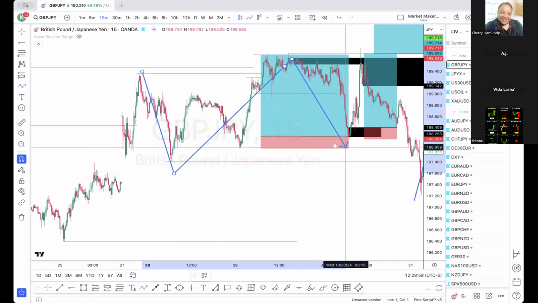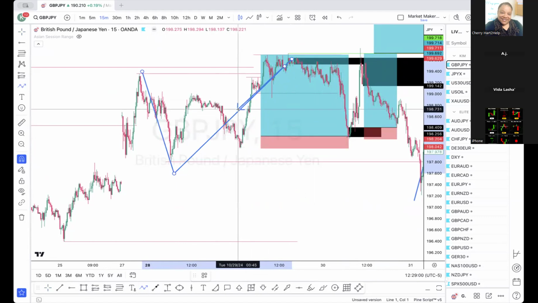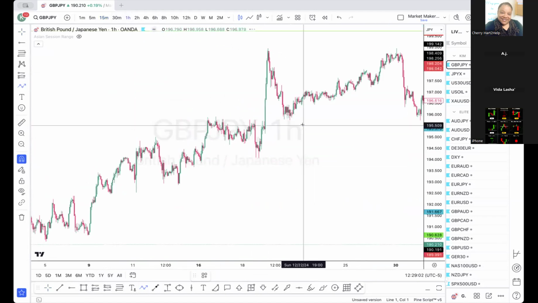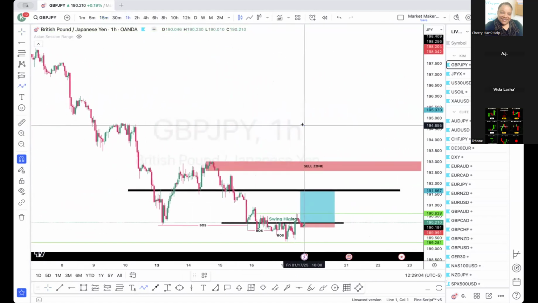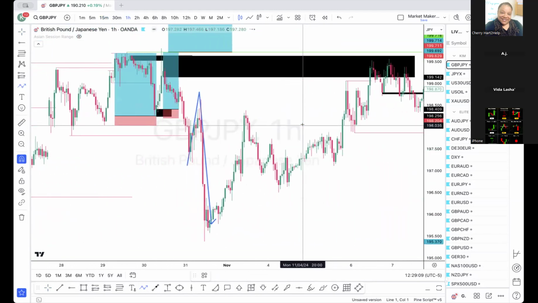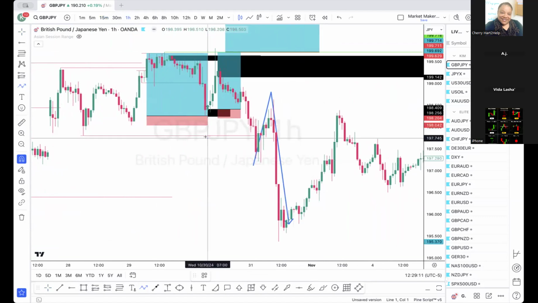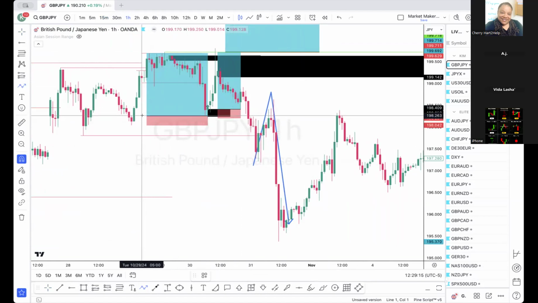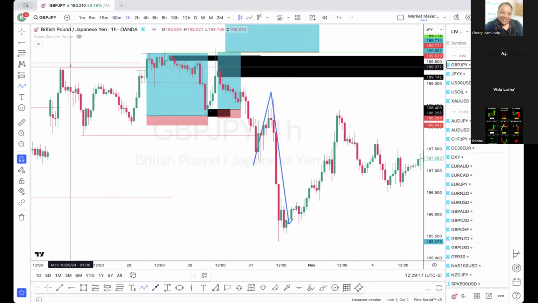Yes. Whatever happens over here, once I set my limit from my 1 hour, I don't go to the 15. I mark up my zones on the 1 hour, 4 hour and 1 hour. And then what happens after that is beyond me. So there was no confirmation for you to take a trade, basically.